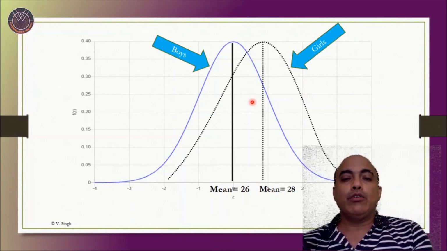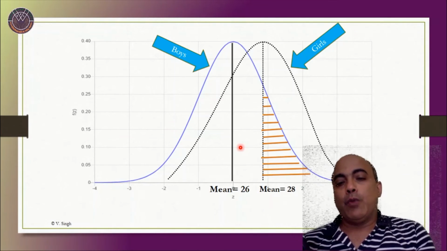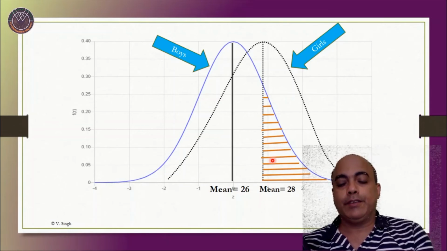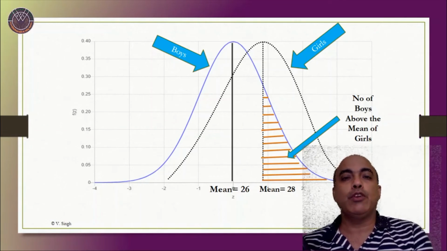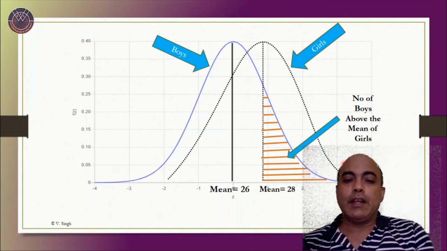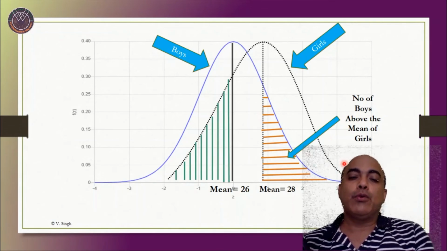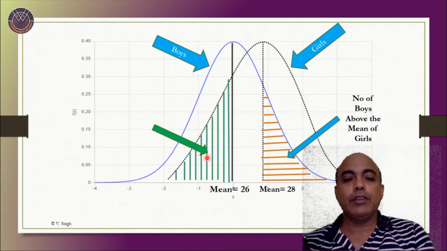Now according to the question, we first have to find out the number of boys scoring above the mean of the girls. So this is our first question, number of boys above the mean of girls. And in the second question, we have to find out number of girls who are scoring below the mean of the boys. So this is the second situation.